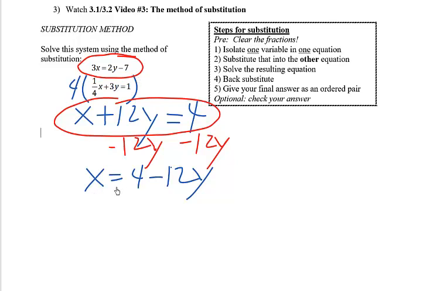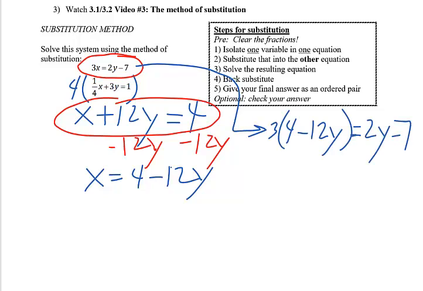X is completely interchangeable with 4 minus 12y. So take that first equation, recopy it, but when you get to the letter x, fill in 4 minus 12y. Notice that the equation still says 3x equals 2y minus 7. It's just that in place of the letter x, I made that substitution.